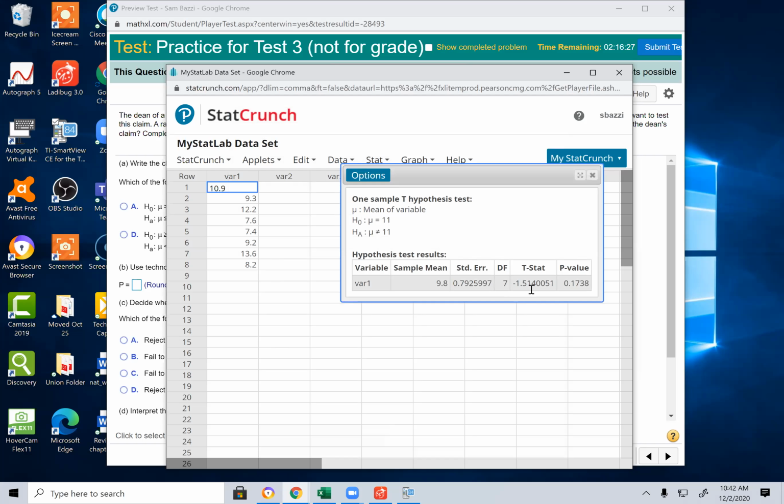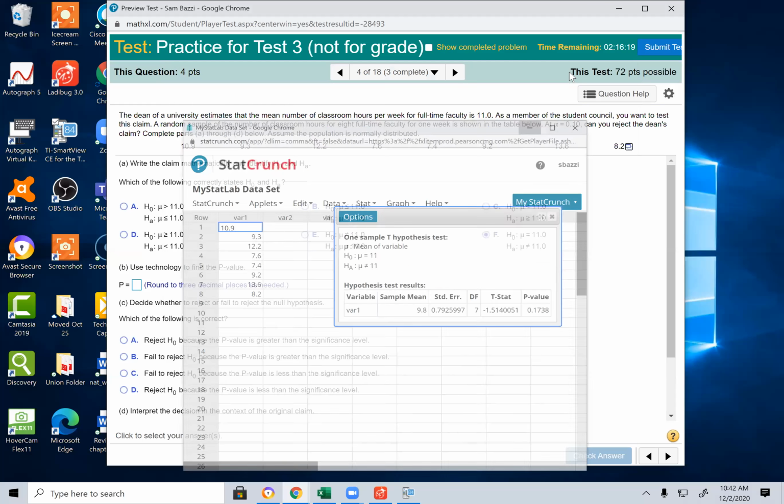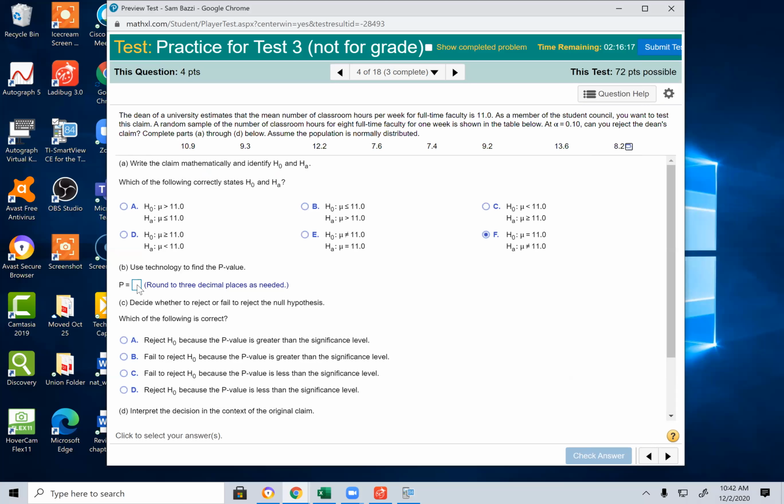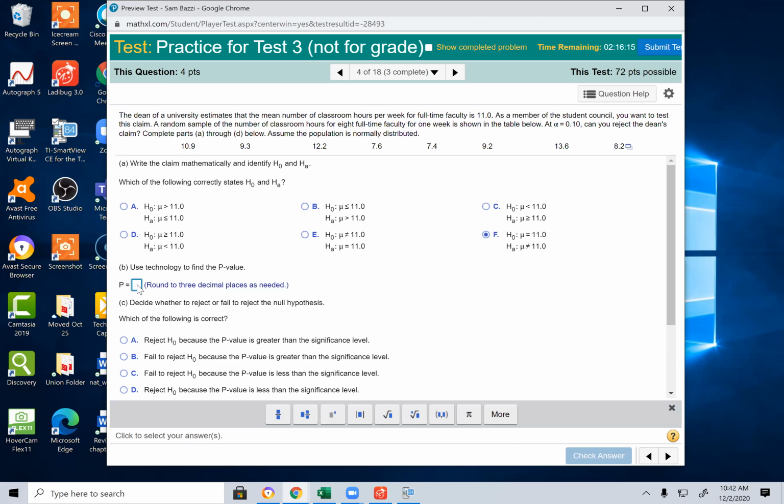Test statistic is negative 1.514, and the p-value is 0.174 if he says round to 4 decimal places. And if we do that, so the p-value is 0.174, we fail to reject the null hypothesis, and there is not enough evidence to reject the claim, because the claim is in the null hypothesis.